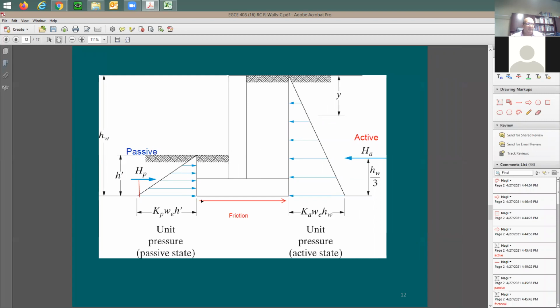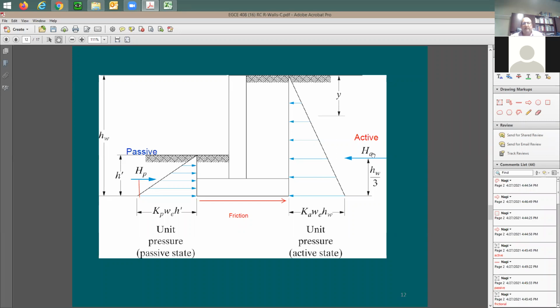When you run the analysis, in many cases, if this is going to be a good design for a wall, this HP plus the friction force is going to be much higher than this active force. To make it work, the ratio between HP plus the friction force and HA is going to be at least 1.5.